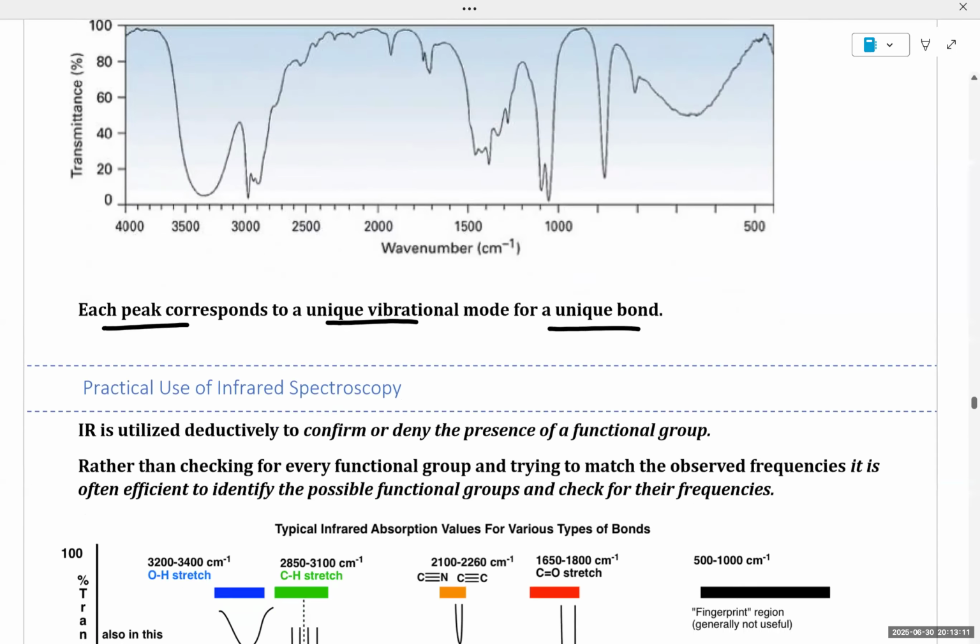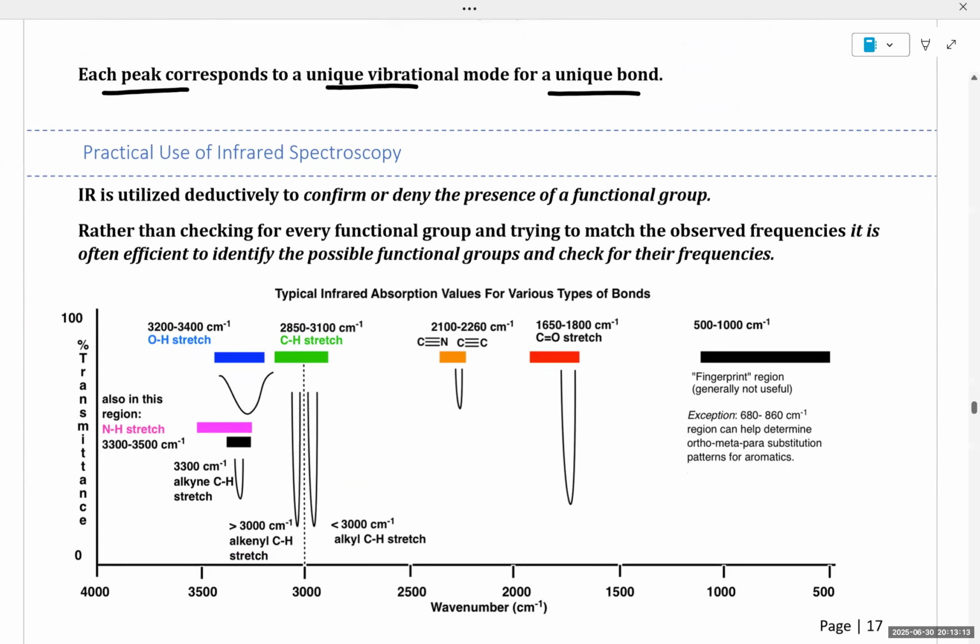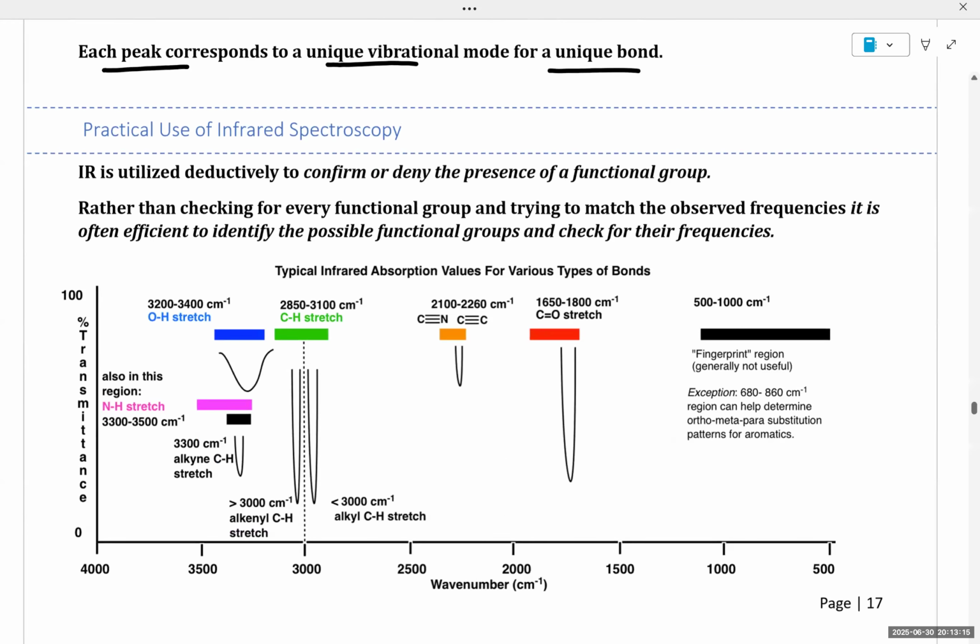Now, I want to be very clear. In practice, infrared spectroscopy is used to deductively confirm or deny the presence of a functional group. Rather than checking for every functional group and trying to match the observed frequencies, it is often more efficient to identify the possible functional groups and check for their frequencies in the IR spectra.